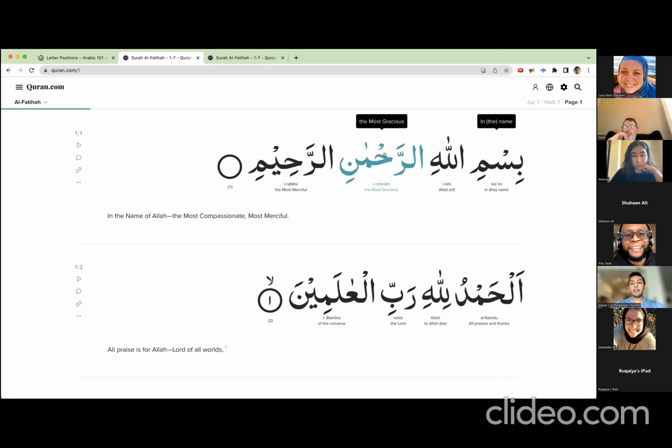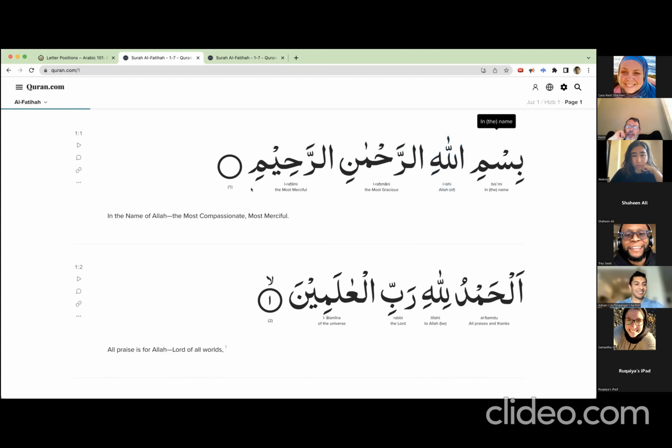So if you just ended with Bismillah, in the name of God, you would drop this last syllable, even though you're still writing it. You'll still write the last syllable there, but because you're stopping at that point, you drop it. So you can say Bismillah.